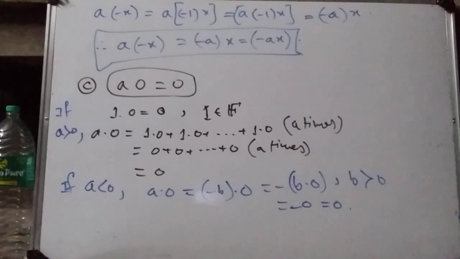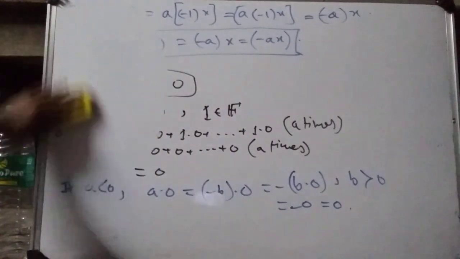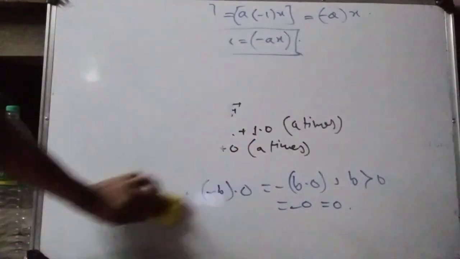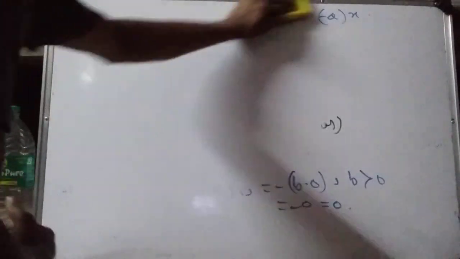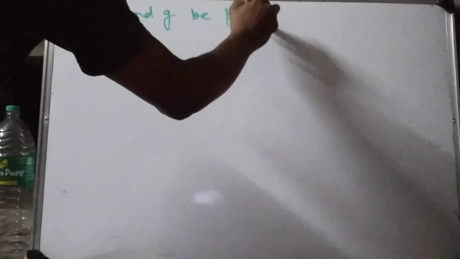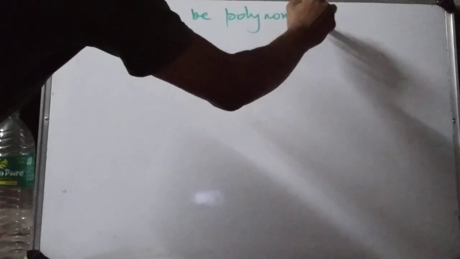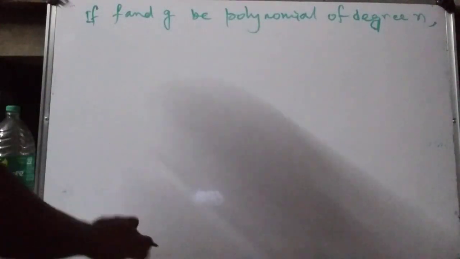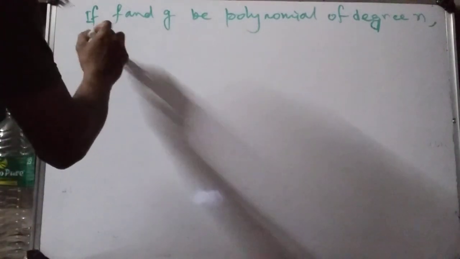Another one we discuss today, an example related to polynomials. We erase that portion and go on to further discussion. If f and g are polynomials of degree n, then what happens?